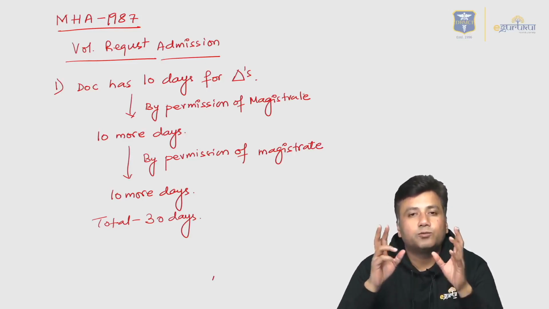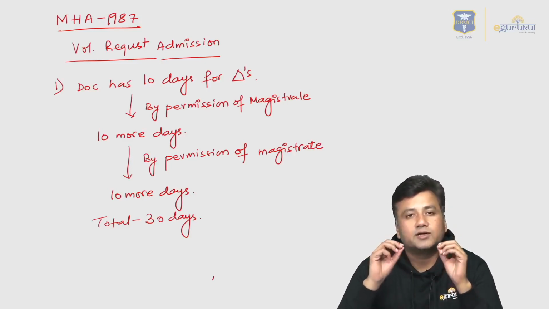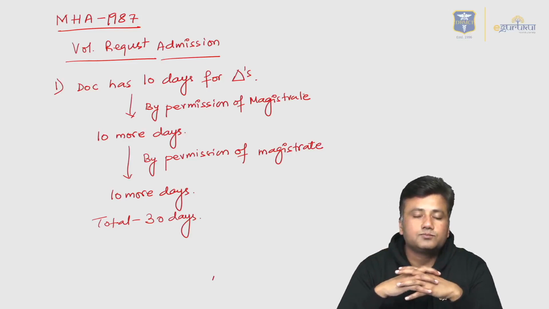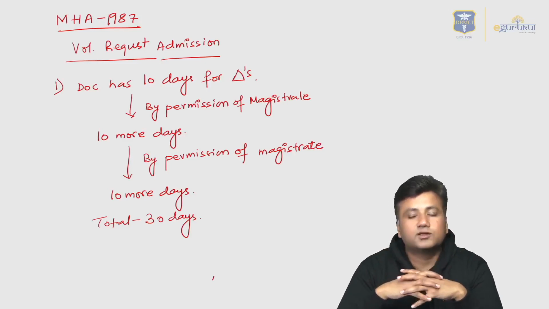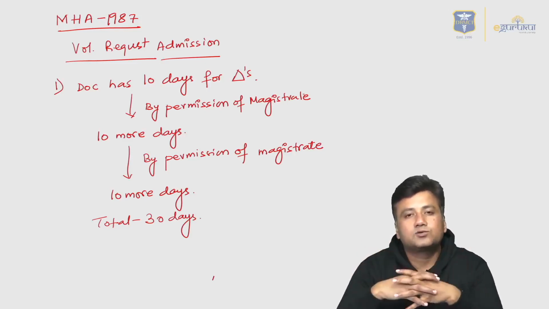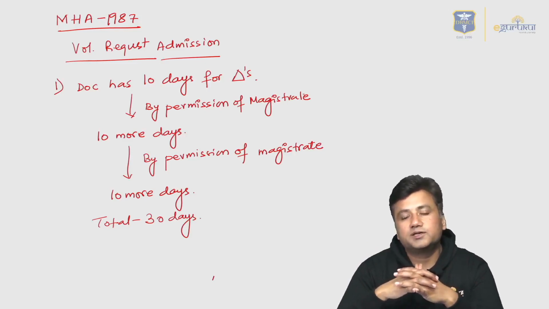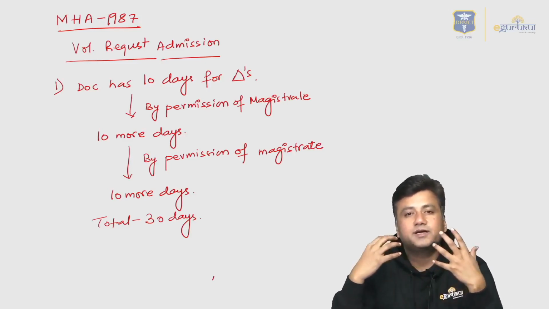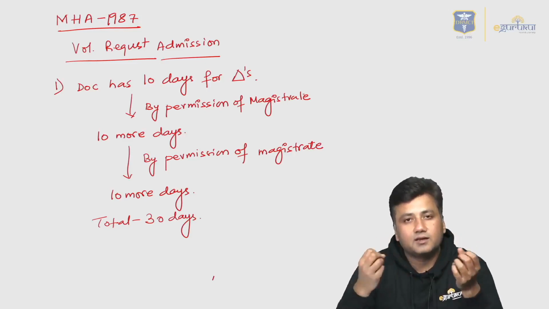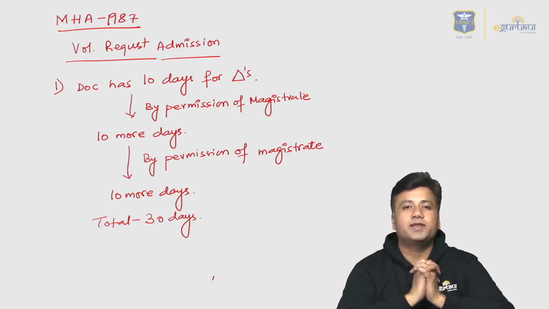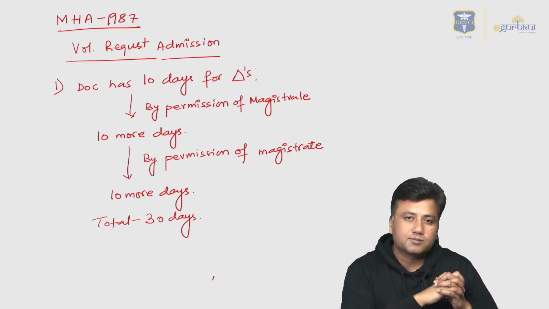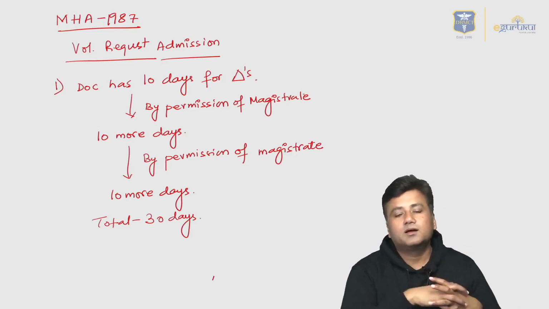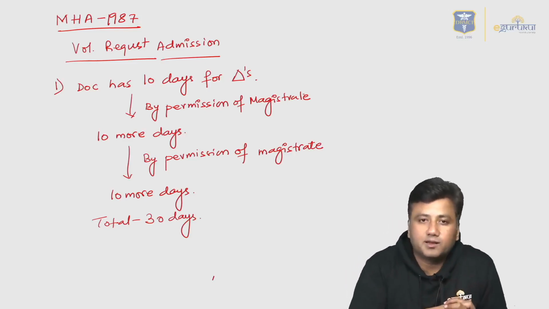After completion of 20 days like that, if the doctor has still not been able to make the diagnosis, the doctor again has to write seeking extension. The magistrates again have the power to give an extension of 10 more days, but beyond that even magistrates can't help.